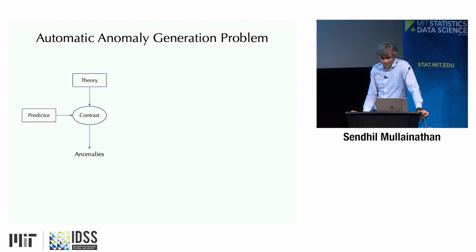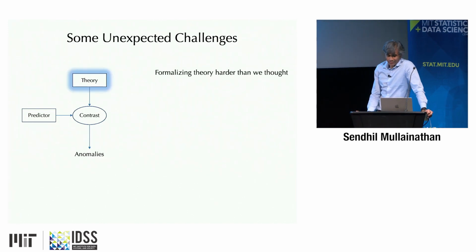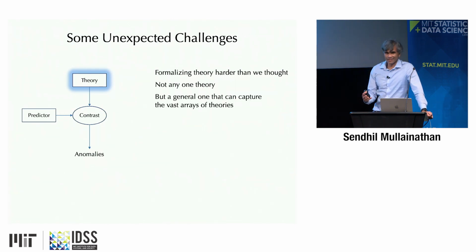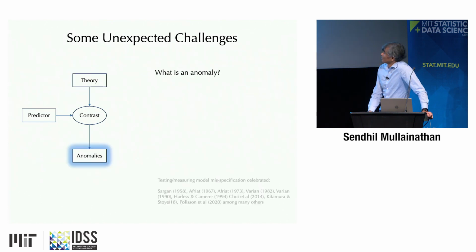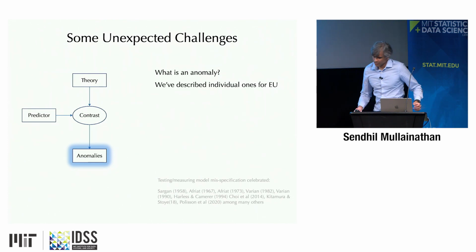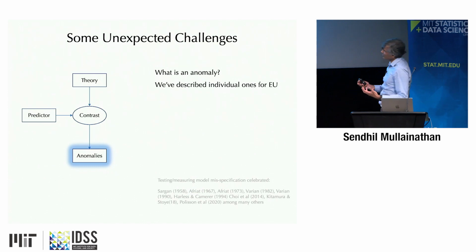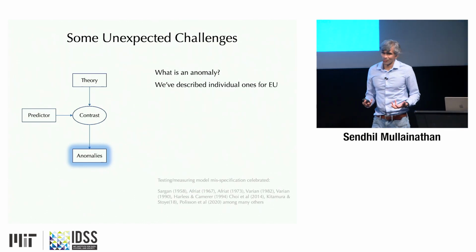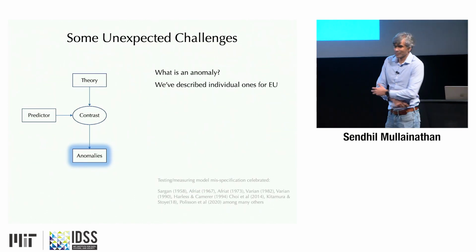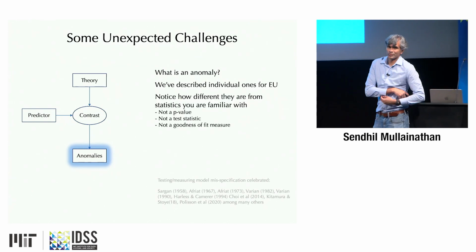Turns out that formalizing what a theory is is harder than we thought it would be, because we're not just formalizing one theory. It's any theory, and different theories come in very different form factors. It also turned out it's harder to formalize what an anomaly is, simply because we've described individual ones for EU, but if you think of the breadth of statistics, anomalies like the Allais paradox don't really have any role in and of themselves in many of our procedures.